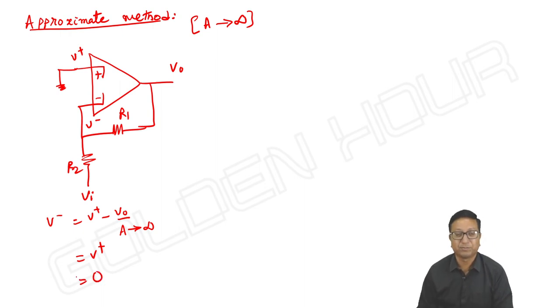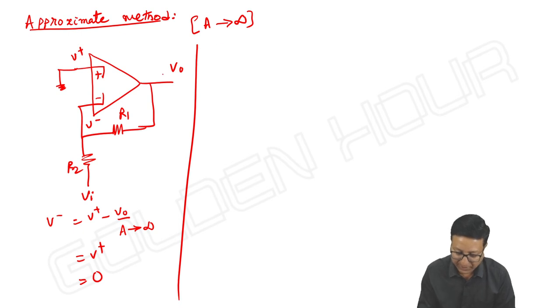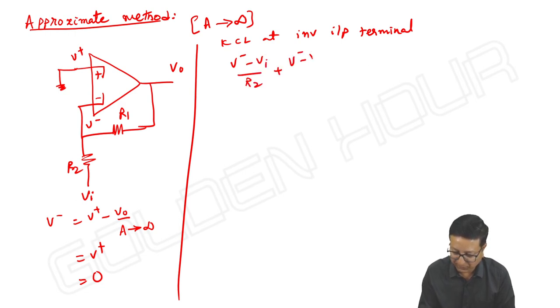0. Further, apply KCL at the inverting input terminal. So what do we get? V minus minus Vi by R2 plus V minus minus V output by R1 is equal to 0.